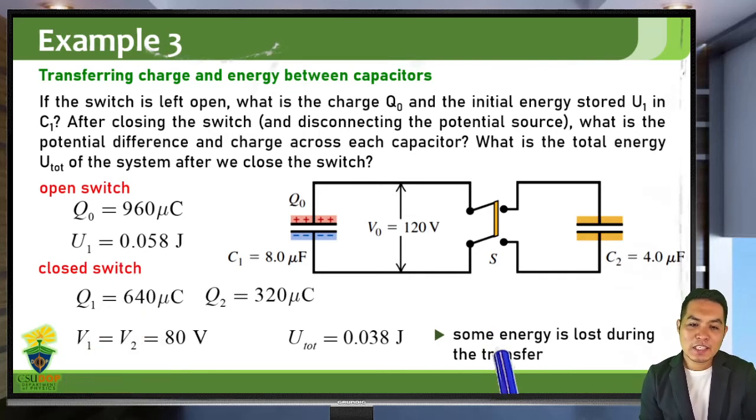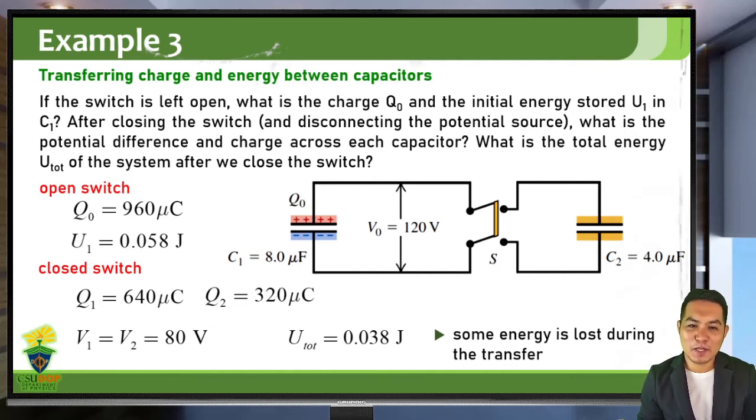So this energy that is lost can be transformed into other forms, such as heat. So you will notice that your wire will heat, or your capacitor itself will heat up. So there is always energy loss in any kind of energy transfer.